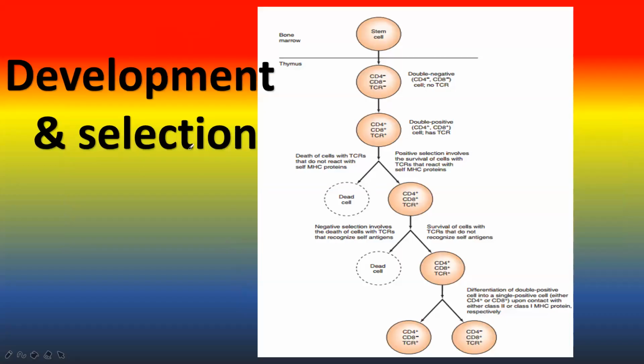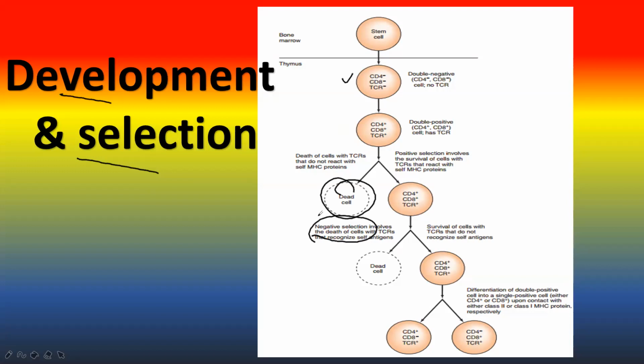The development of T cell and selection. I already explained about the selection, okay. Negative selection and positive selection. For negative selection, that cell must die. Understand? Because that cell does not follow. So when the cell enters the thymus, if the cells do not follow the rules and regulation of the education given by the thymus, they are negatively selected, okay.